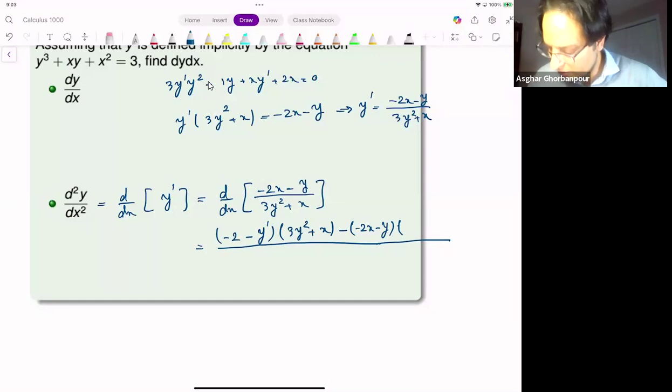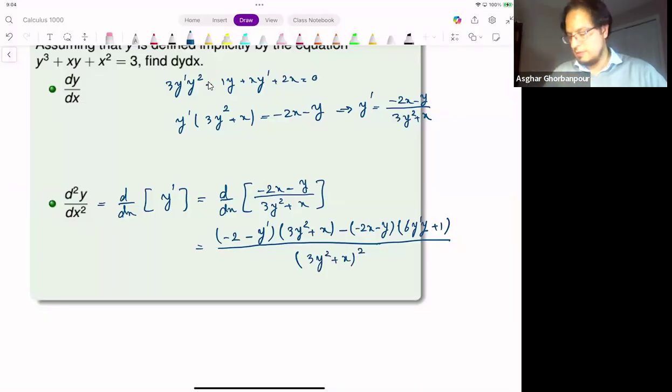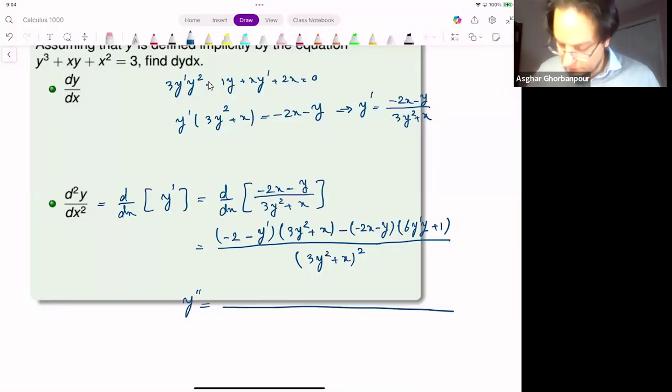Okay, so derivative of the numerator times the denominator minus the numerator itself times the derivative of the denominator, over the denominator squared. This is the second derivative. The only thing we should do is, or I can write just y double prime, that we have to put y primes in these spots.